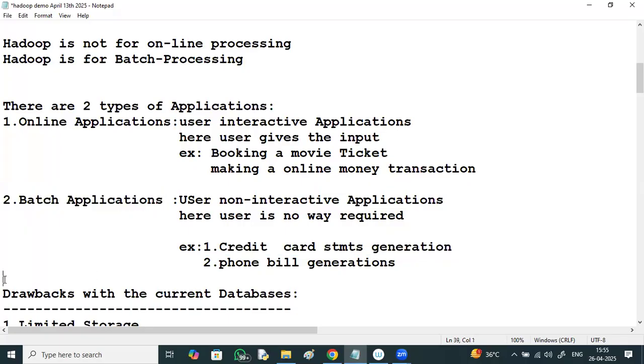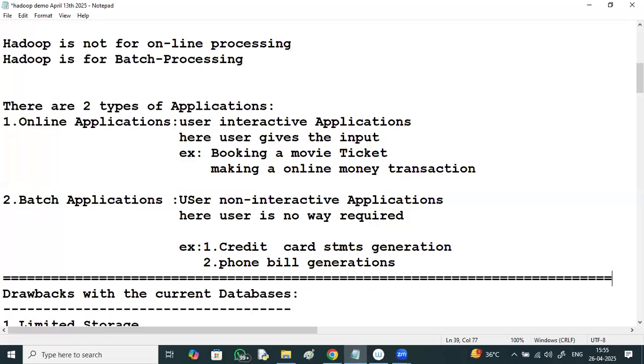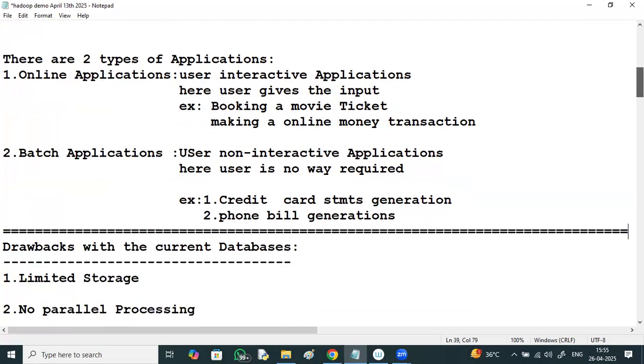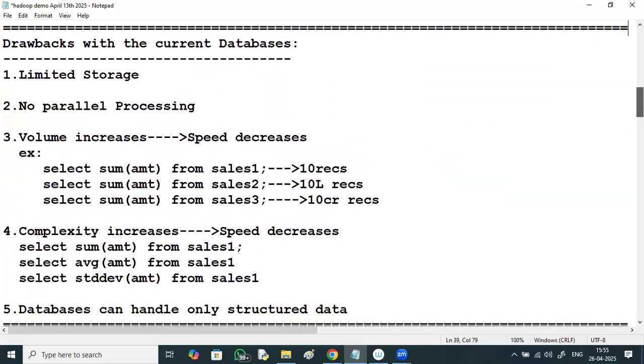And what are the drawbacks with the current databases? Why can't databases be used for storing this Hadoop data? We see most of the databases have limited storage.